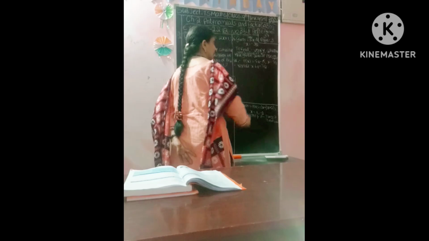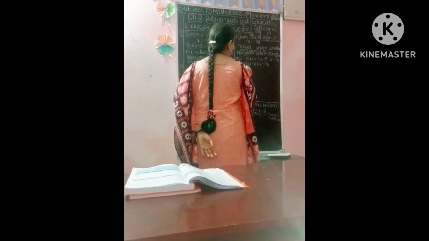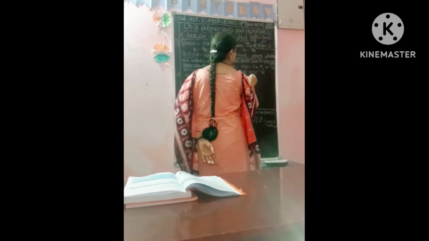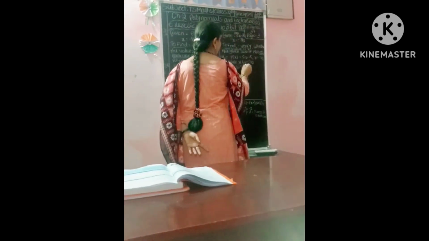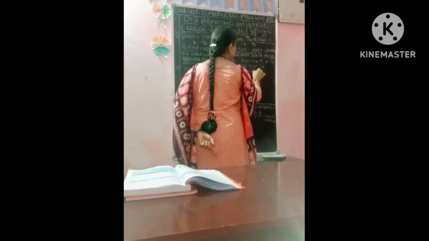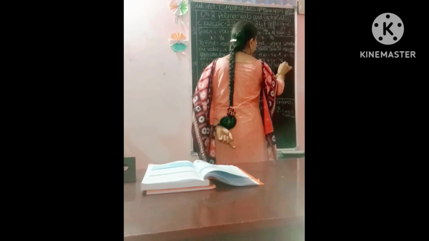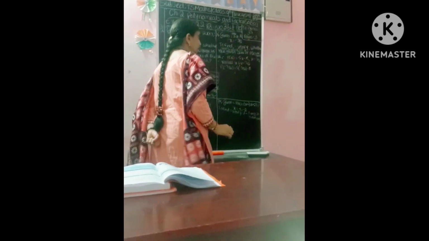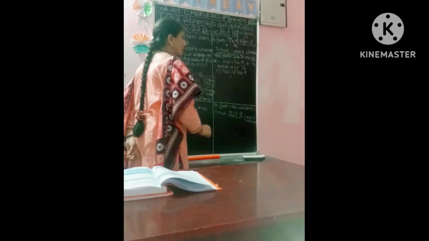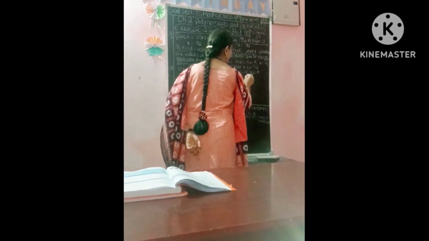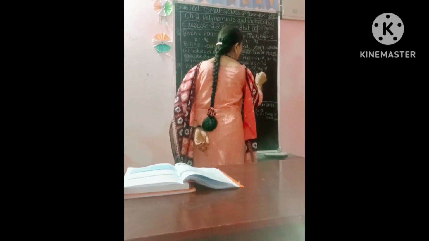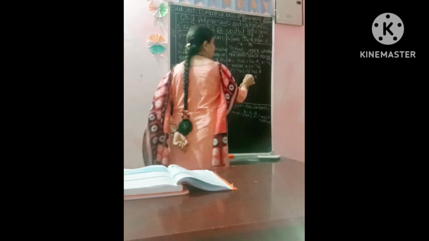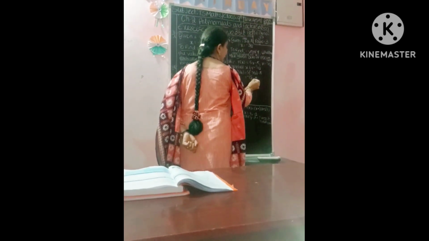What will we get? 5x is nothing but 5 times minus 3 by 2, minus 5. Removing the brackets, 5 into minus 3 is minus 15 by 2 minus 5. So this is minus 5 by 2 minus 5.